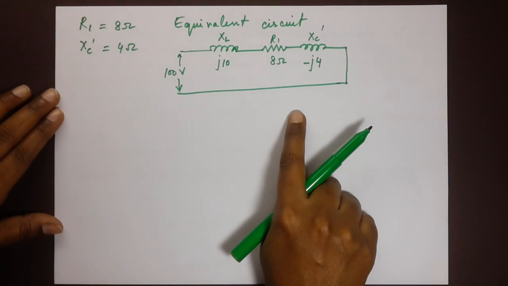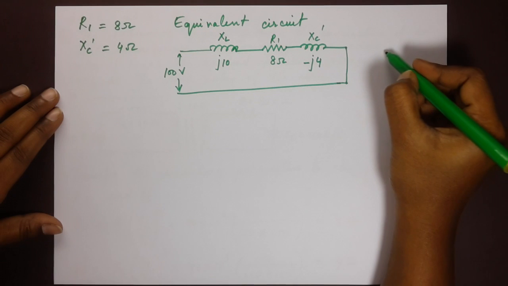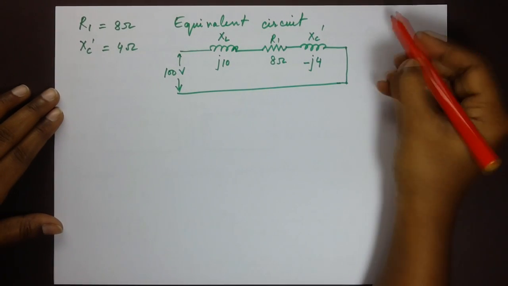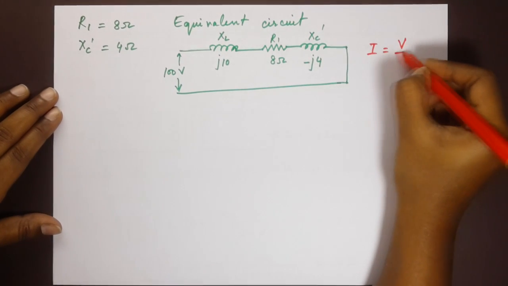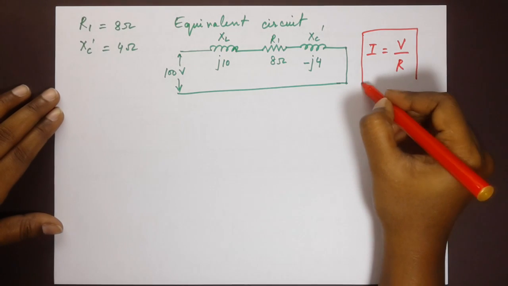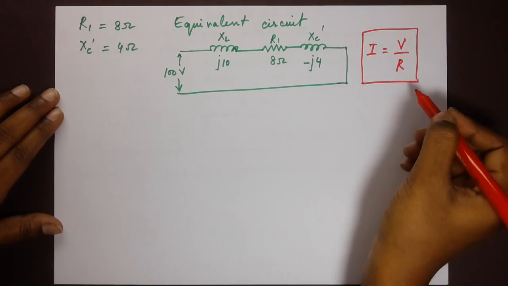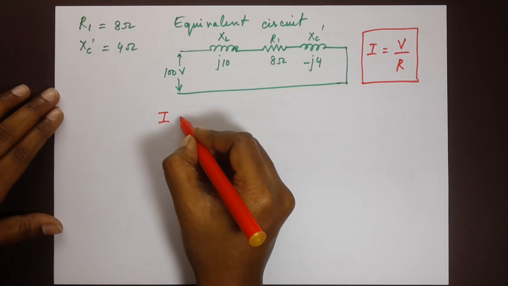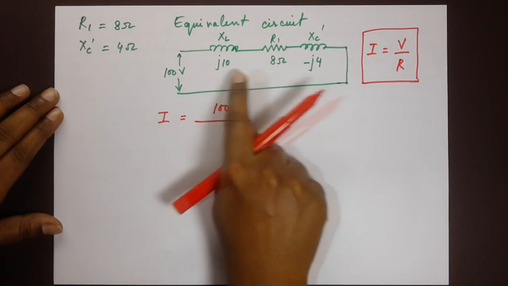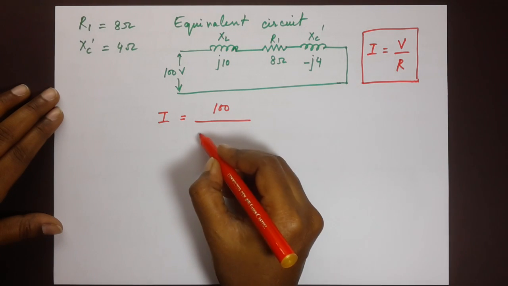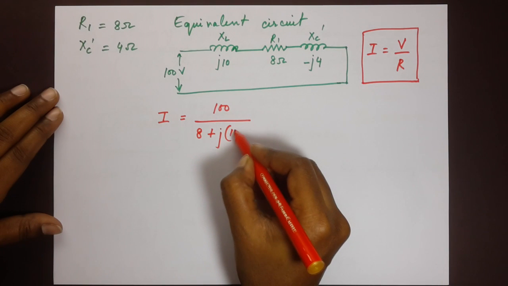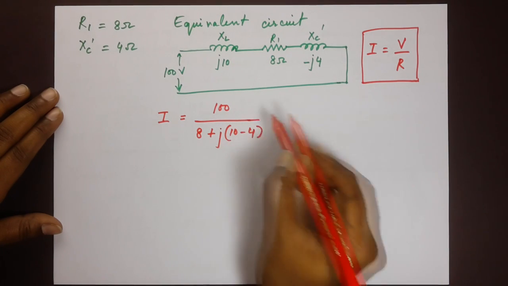Now let's calculate. We need the current. In general we know what the formula for current is, right? Current I is V by R, our very general formula. So let's utilize that in order to find our value. I is equal to 100 divided by the sum of all of this, so that's resistive 8 plus J10 minus 4.